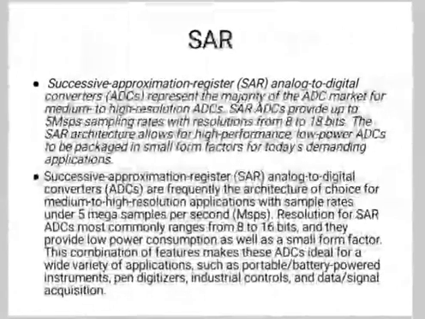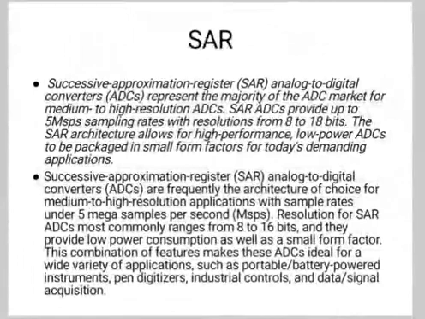So the next method is successive approximation register. Successive approximation register analog to digital converters represent the majority of the ADC market for medium to high resolution ADCs. SAR ADCs provide up to 5 MSPS, mega samples per second, sampling rate with resolution from 8 to 18 bits.